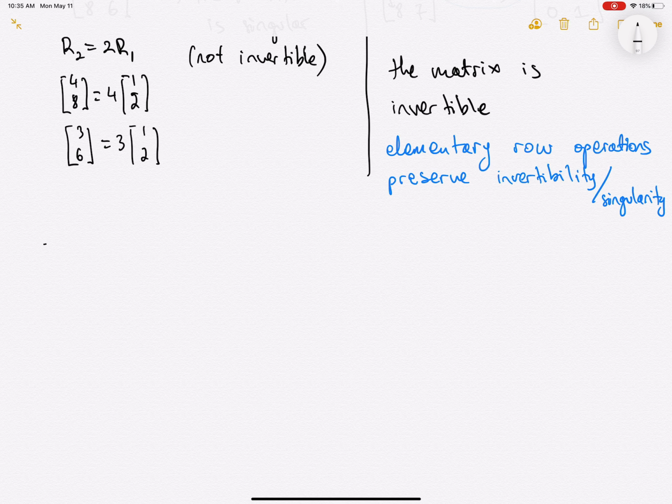Now, what about this next example? We have 6, 6, 6, 0. If you look at this example, you cannot call this a triangular matrix, although it does look very similar to a triangular matrix. If we just exchanged the two rows, we would get a lower triangular matrix, and that matrix would be invertible. And since row exchanges are a type of elementary row operation, they would not affect anything.